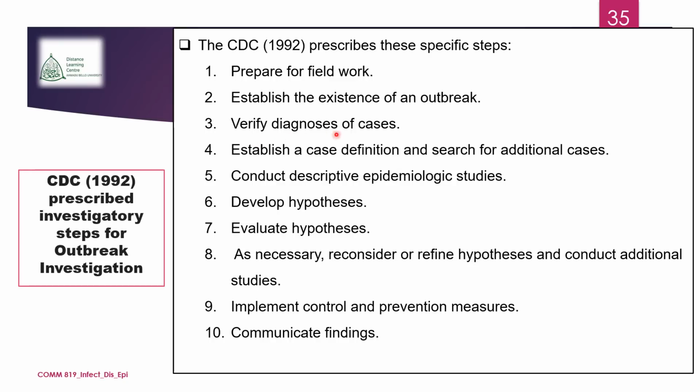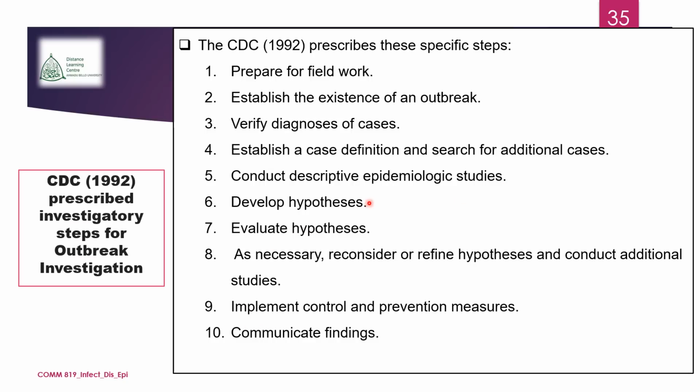You verify the diagnosis of cases. You need to establish a case definition. Search for additional cases, and you need to conduct descriptive epidemiologic studies. Like, you need to tell us about the disease in time, place, and person. Tell us the clinical symptoms, signs, and details that have been carried out.